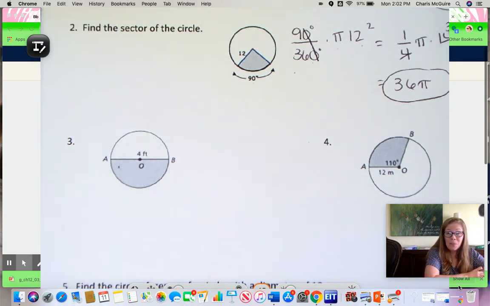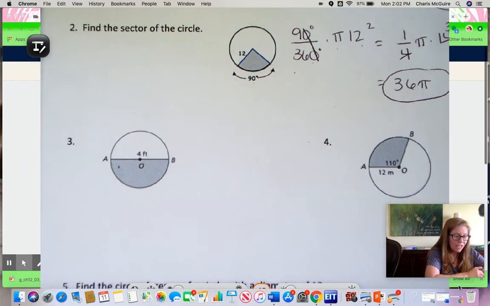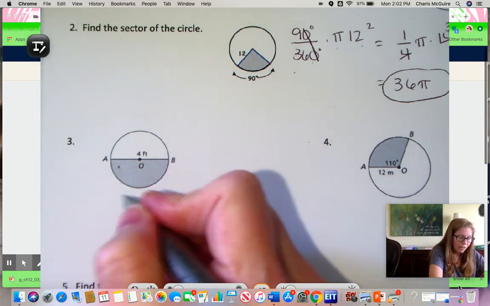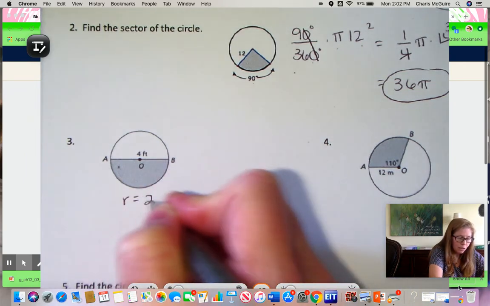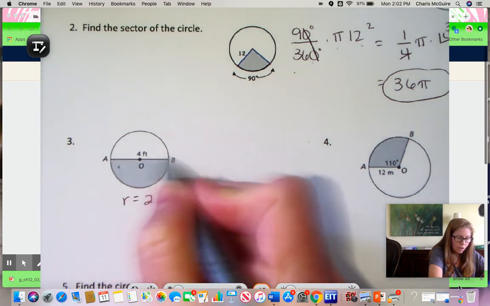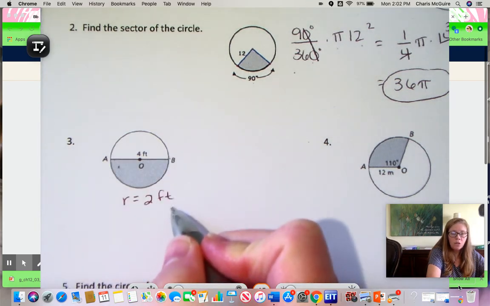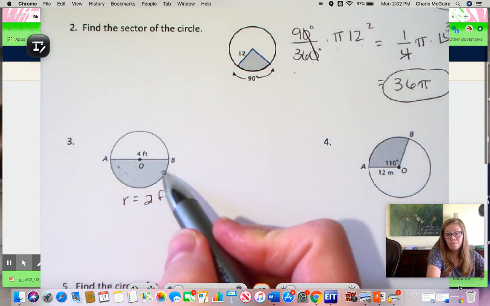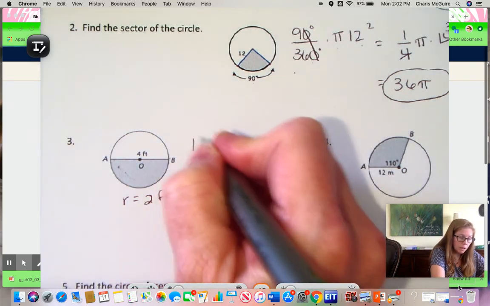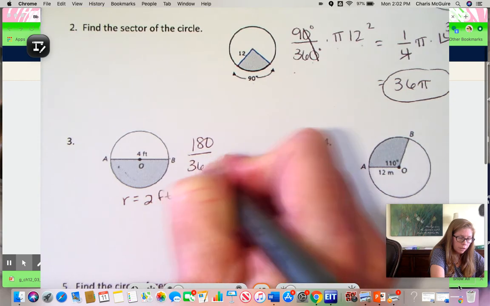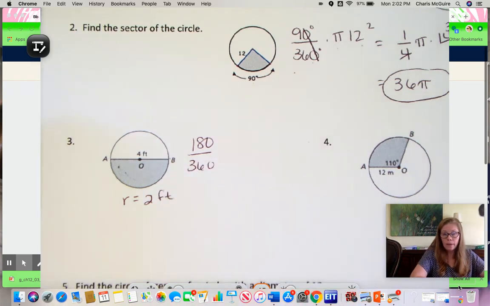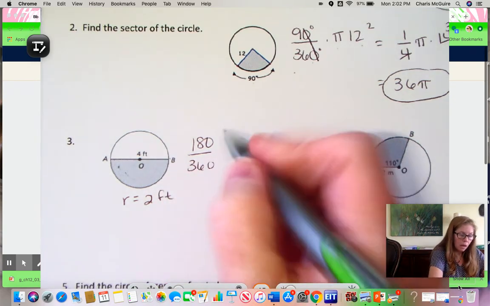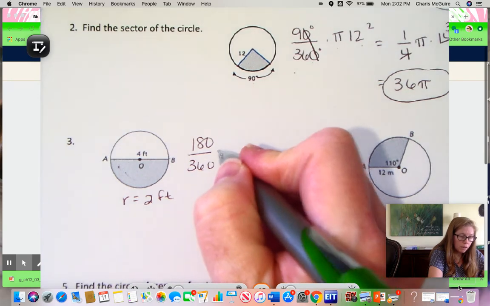Okay, did you get 2 pi? All right, so first thing you need to understand is that the radius is 2 feet, right? The whole diameter is 4 feet, so the radius is 2 feet, and we've got half the circle. Now you could do 180 degrees over 360, but that is 1/2 of your circle. And then the formula for area is pi r squared.